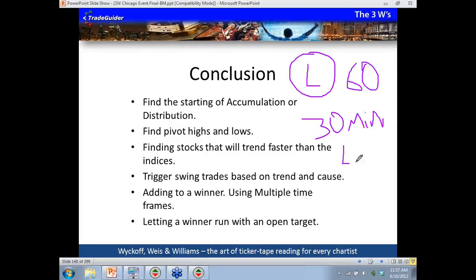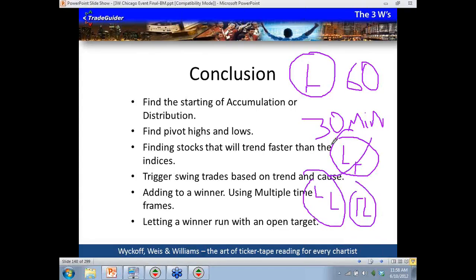If it's looking like something like this, well, let's put a tail on it to make it clearer. If it's looking like this, that's a little suspect. If it's a two-bar reversal, that's good stuff. Sometimes it'll just look like this on the half hour. That's good stuff. That's not good.